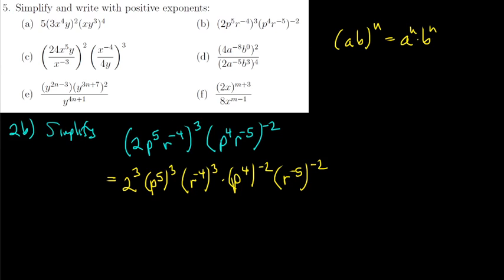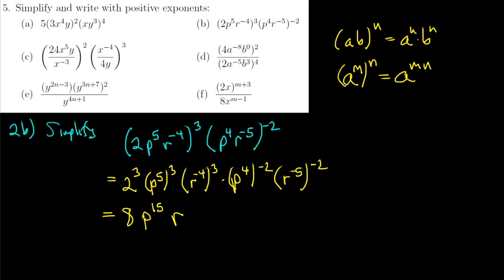The next rule we need, well, first of all, 2 to the 3 is just 2 times 2 times 2, so that's just 8. And then what's p to the 5 to the 3? So you should also know if you raise something to a power, say a to the m, and then raise that to another power n, you just multiply the exponents, right? So this is going to be 5 times 3, which is 15.